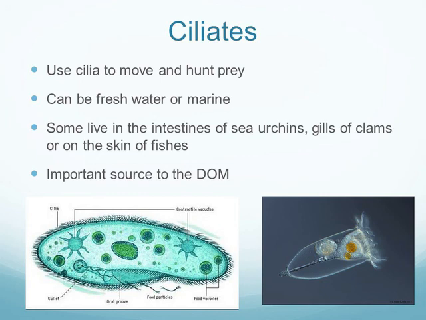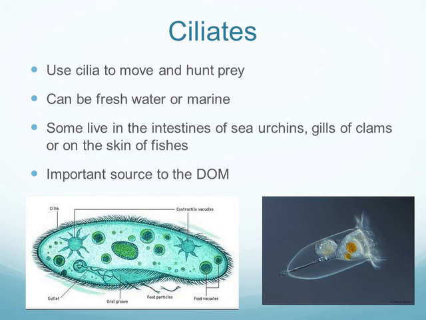You can find some that live within organisms, like the inside of the intestines of a sea urchin, or in the gills of clams, or within the skin of fish. These particular ones, I probably would not call mutualistic, like the zooxanthellae and the coral. This is probably more of a one-sided relationship, where the ciliate living within the intestines of a sea urchin is taking advantage of all the nutrients within the intestines, but not giving anything back to the sea urchin.